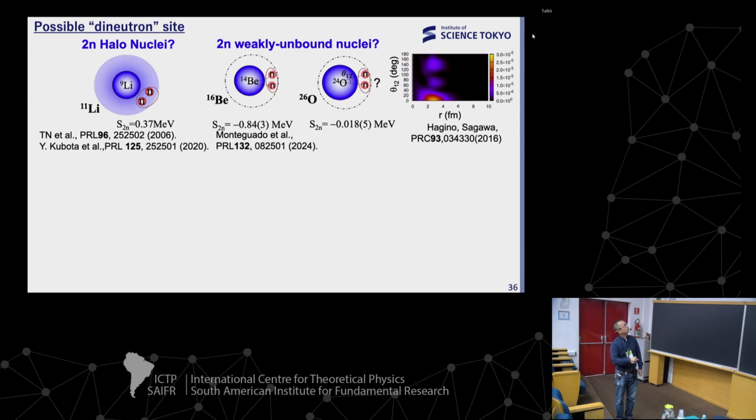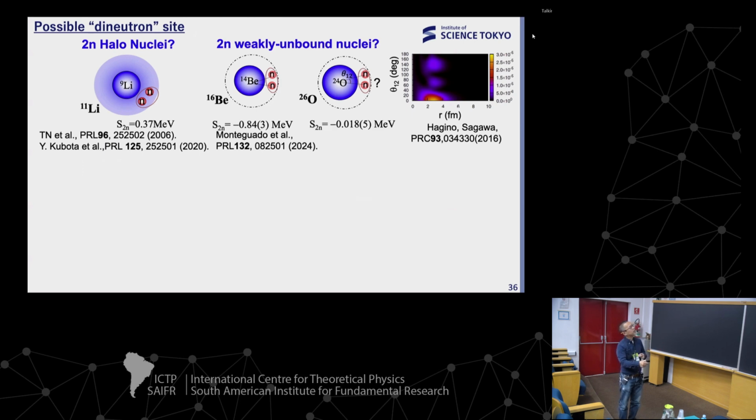So we discussed this dineutron. Lithium-11 has dineutron. But recently, the beryllium-16 2-neutron unbound state has been found to have a dineutron correlation. You can have a look at this paper. And we would like to also measure oxygen-26, which was already known as a very weakly unbound nucleus, only 18 keV above the 2-neutron decay threshold.